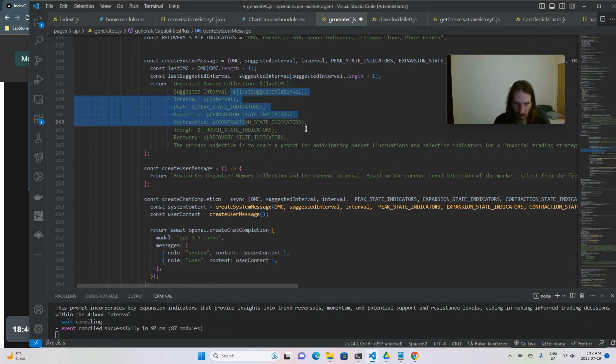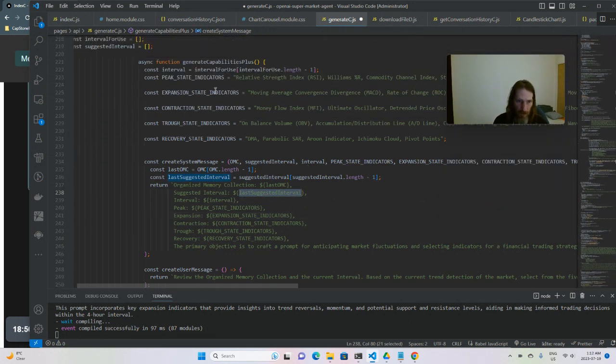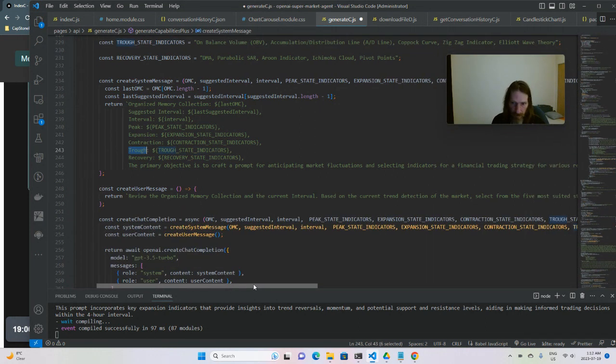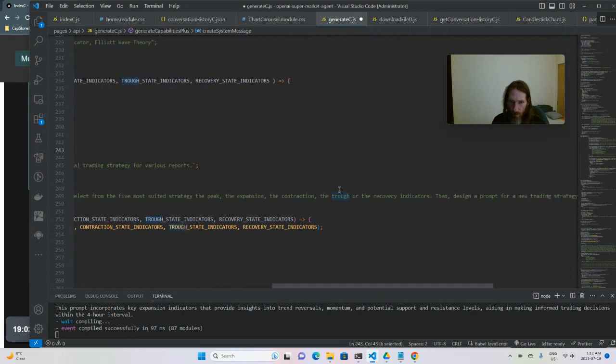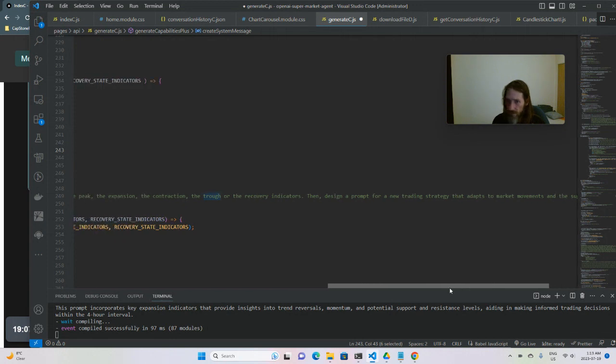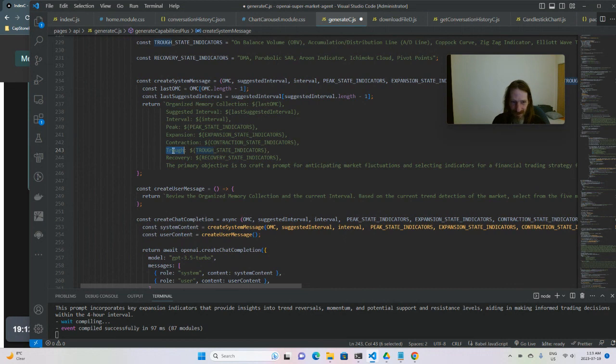We do all this, and as you can see, the expansion state, contraction, they're all put into here, and they're added through the words. That's amazing. Just through words, it'll flow through it. It'll understand. This is pretty amazing.